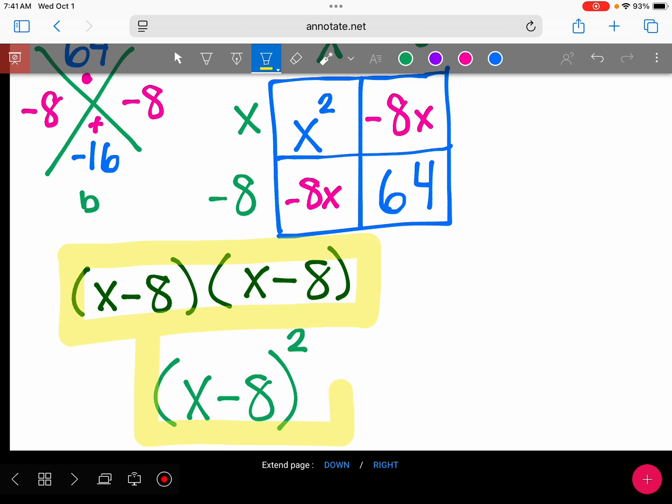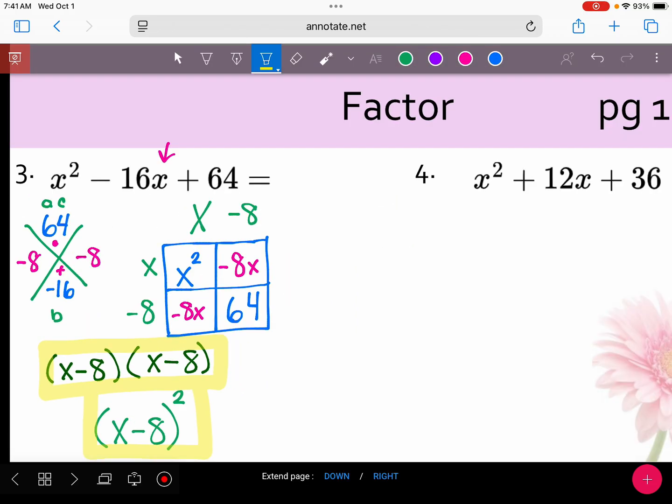There will be times when having it written like this is more helpful. In particular, when we have the parentheses squared, that's going to really, really help if we're looking for, let's say, a vertex. Because that gets it real close to vertex form. And writing things in vertex form is what we're going to start with when we come back from fall break.